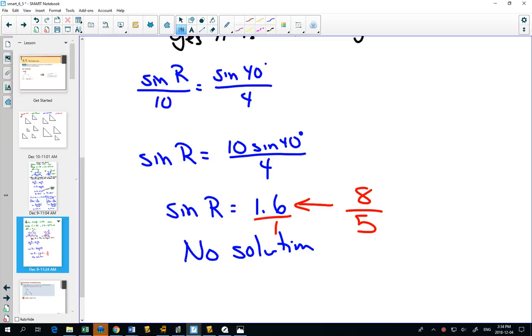What does SOHCAHTOA mean for sine? Opposite over hypotenuse. Can you draw me a right-angled triangle where the opposite side is 1.6 and the hypotenuse is 1? No. It's impossible, because the hypotenuse always has to be the largest. And so the fact that this number is over 1 makes sense why there's no solution.